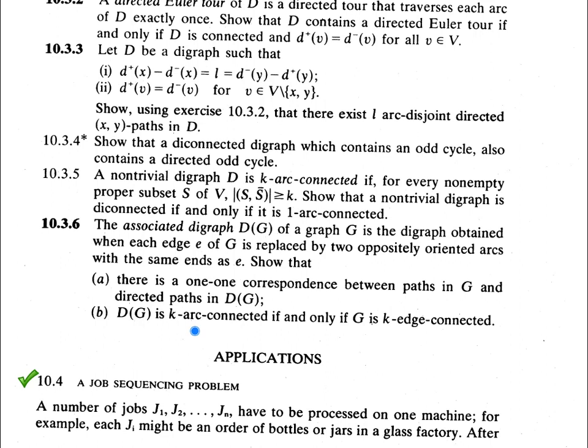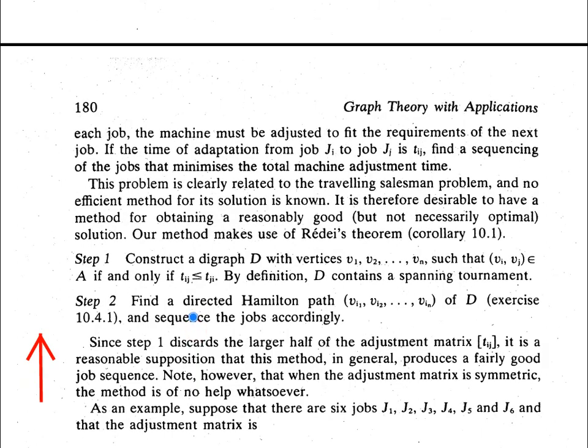And this is a job sequencing problem. You have a single machine, and that machine can actually perform different jobs, okay? Jobs which you can order from 1 to n, but you have times of retuning or reconfiguring the machine from one job to the other, okay?